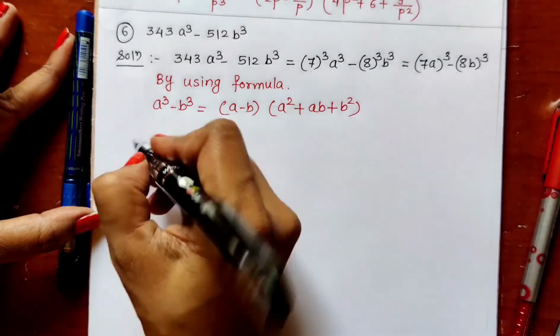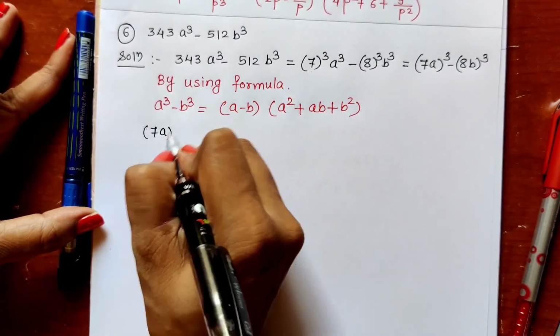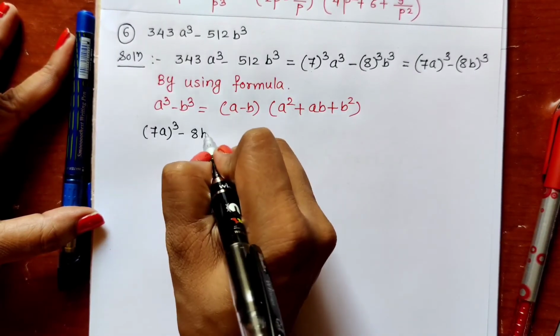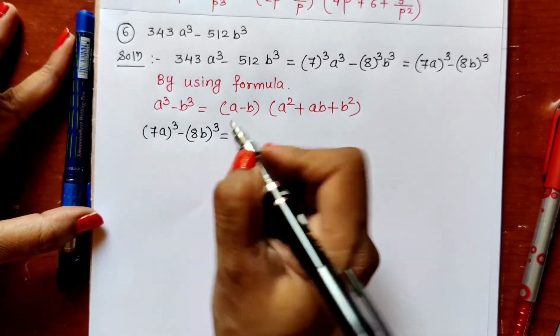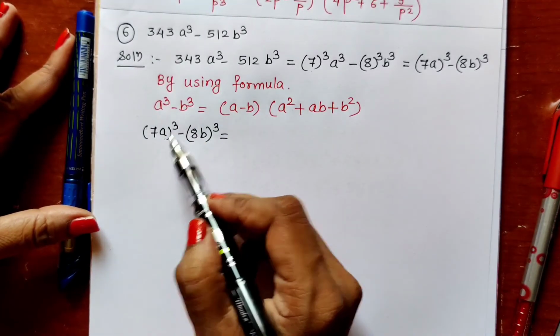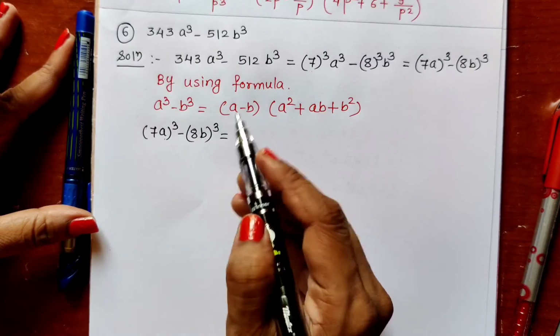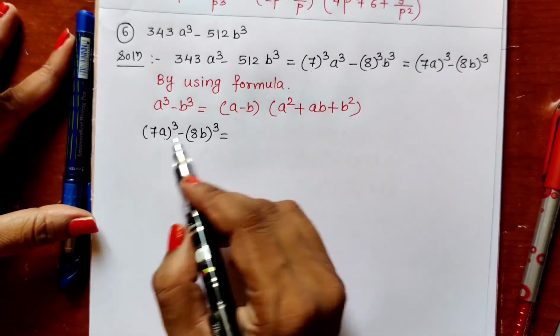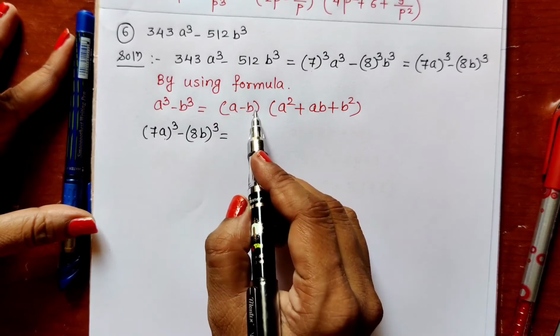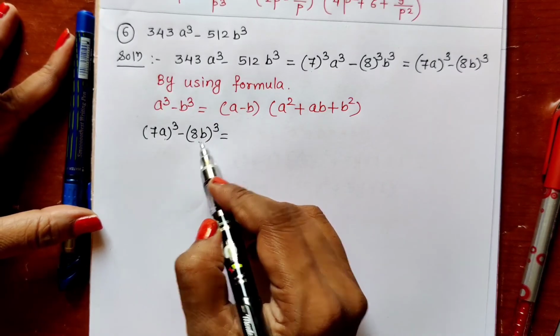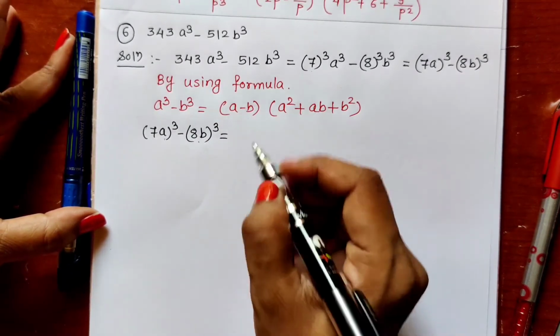So we will be writing 7a whole cube minus 8b whole cube. So in our sum, a means 7a totally and b means 8b totally. So in place of a we will be writing 7a, in place of b we will be writing 8b in the answer using this formula.